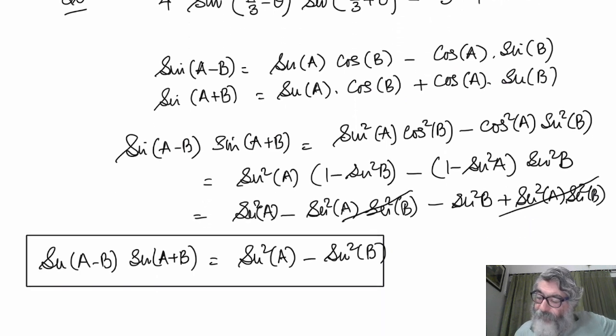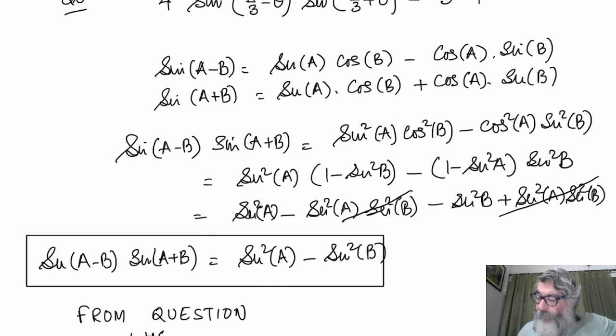From the question, taking the left hand side, 4 into sine square pi by 3 minus sine square theta.